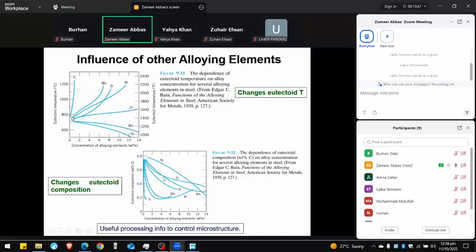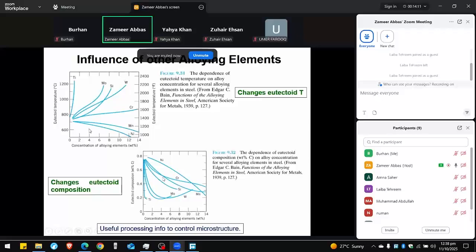So you can see the following elements, say if we look at titanium, a small amount of titanium, say about 1%, the eutectoid temperature is above.